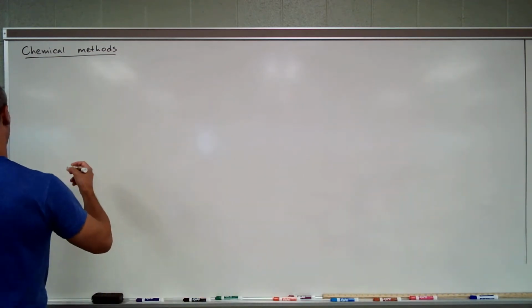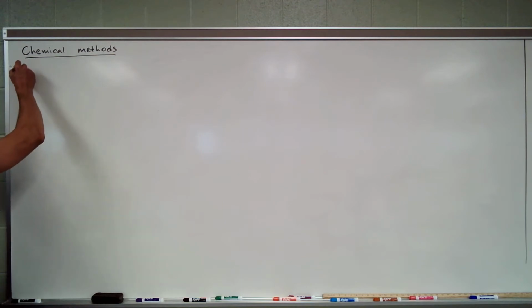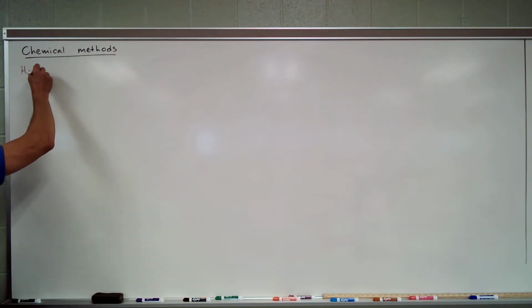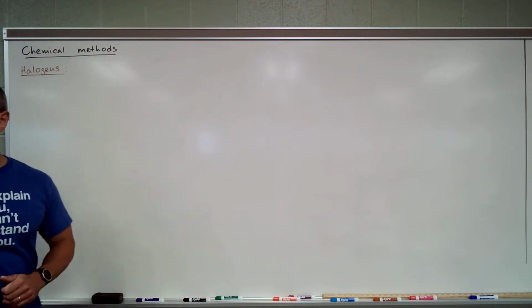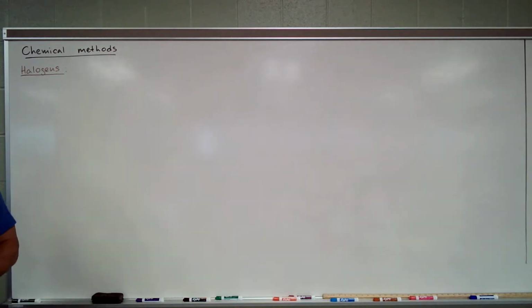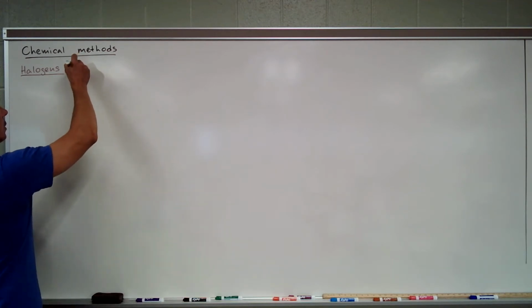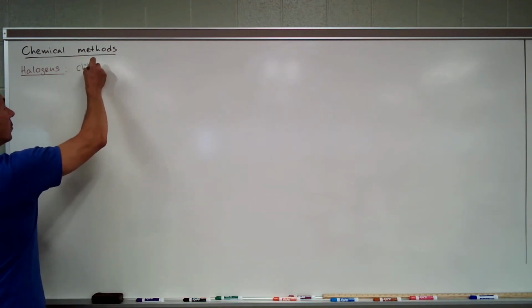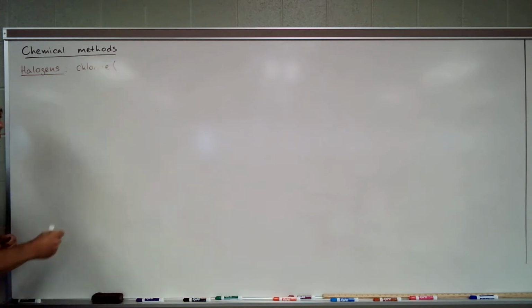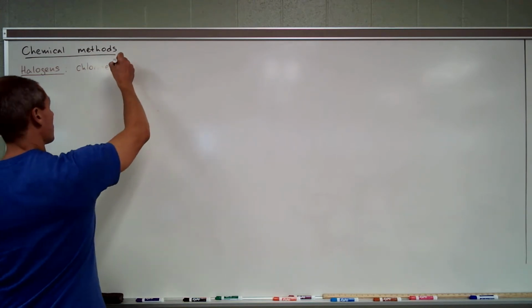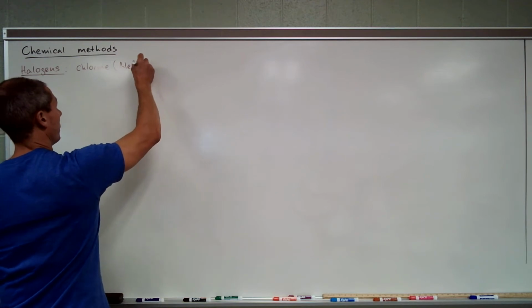So first, two chemicals that I want to mention here are going to be halogens and peroxides. So we're going to start with halogens. There are currently two halogens and their derivatives that are used in microbial control. Chlorine, which is used in formulations like bleach and chloramine.